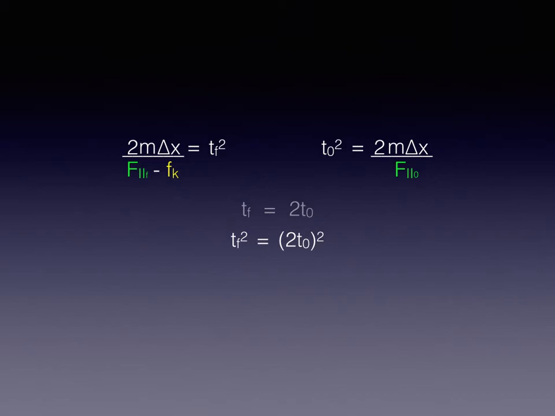All right, if that is true, then we should be able to square both of those, but we're going to have to square that 2 as well, right? The 2 that's out in front of the time without friction. Well, if we square that and put it out in front, it's going to become a 4. So we can say that our time with friction squared equals 4 times the time without friction squared.